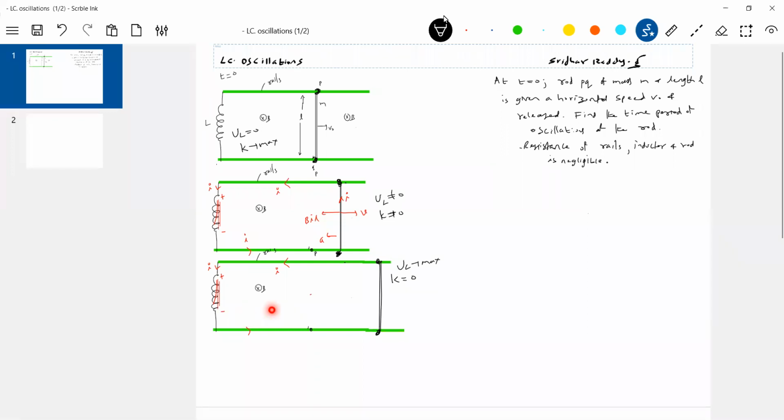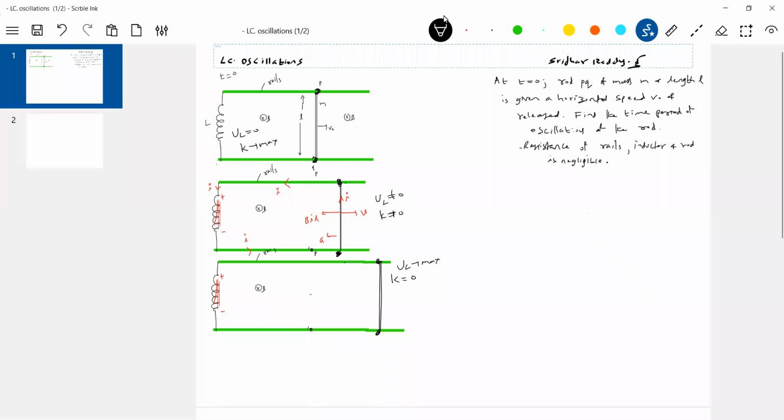After this, what will happen? There's the maximum energy stored in the inductor here. This moving rod was acting like a cell, and it has come to instantaneous rest here. Shall we stop the problem here only?